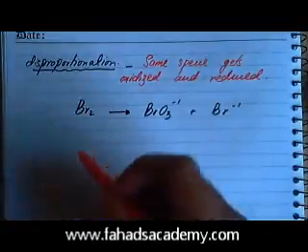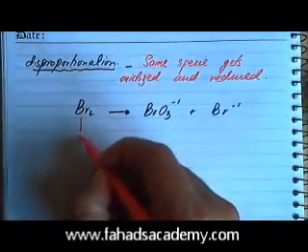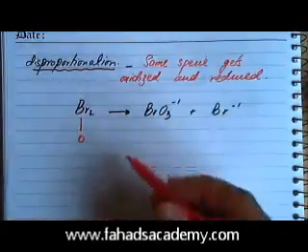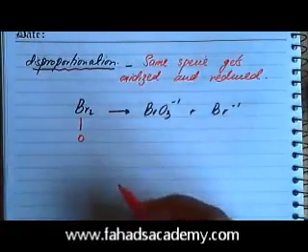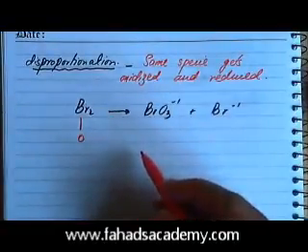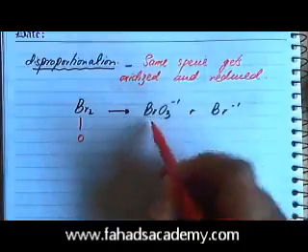And if we find the oxidation states of bromine, it will be 0 in this case because bromine is existing on its own, and it has no net charge, so it's 0. Over here we don't know what the oxidation state of bromine is.